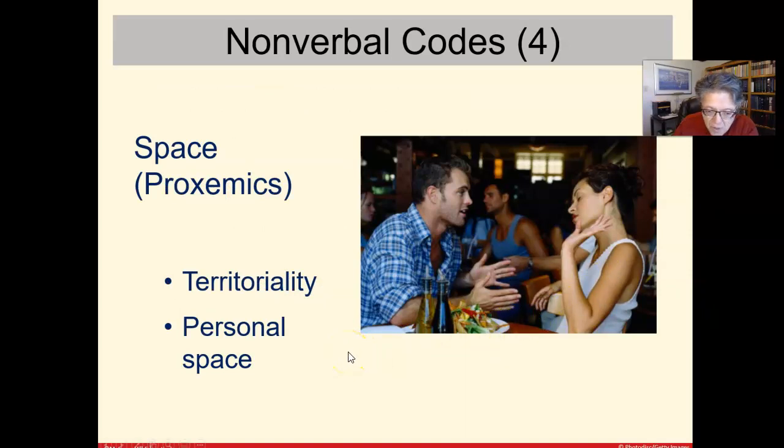Another thing that is mentioned in the presentation today was space or proxemics. One of the concepts we talk about sometimes is that of territoriality. Oftentimes we think about animals who stake out their territory or mark their territory, but we human beings have the same tendency to do the same thing.